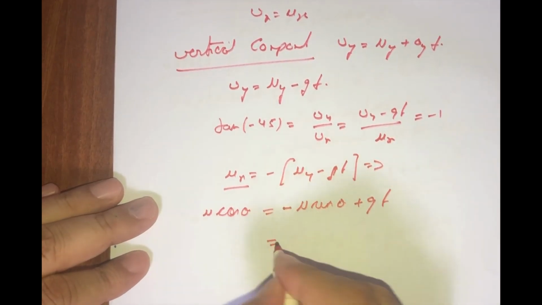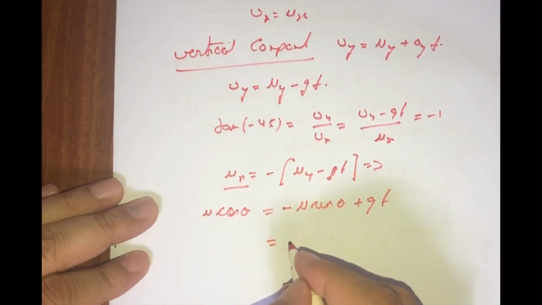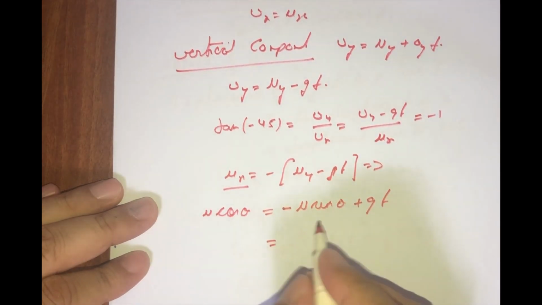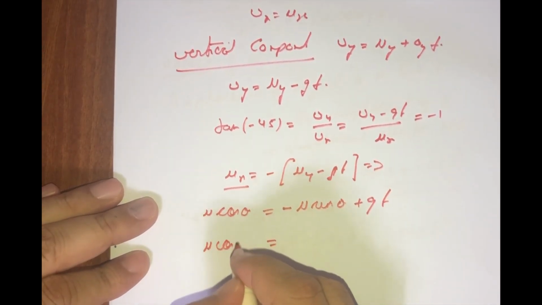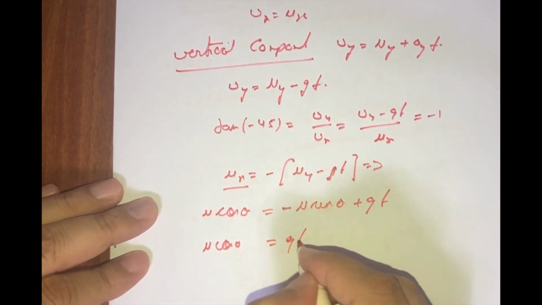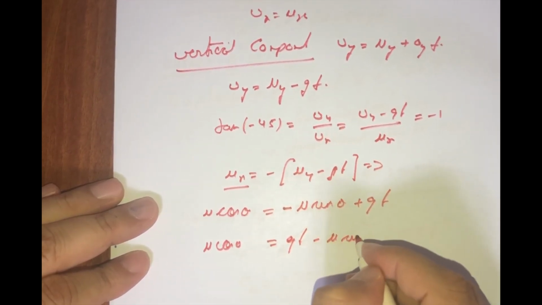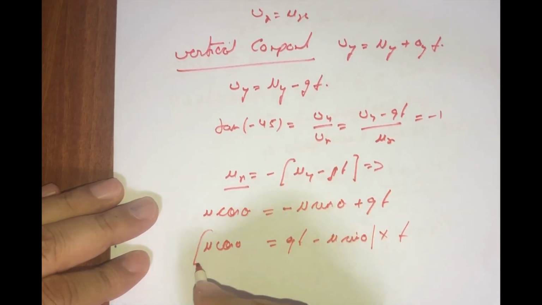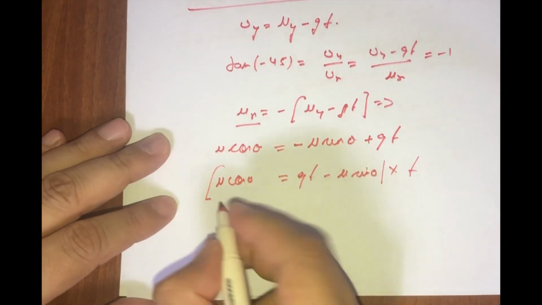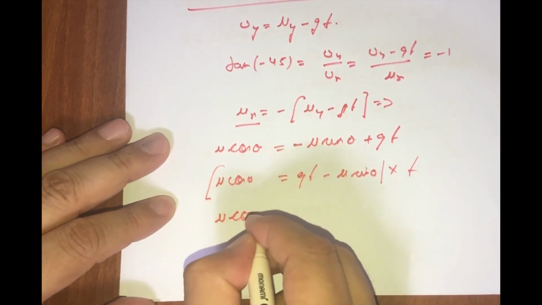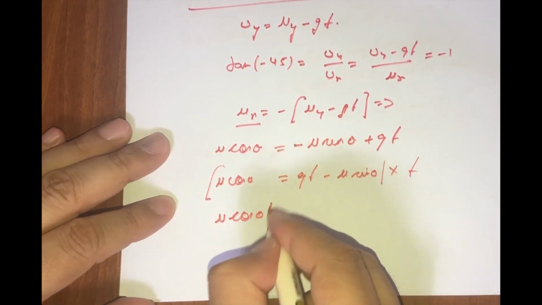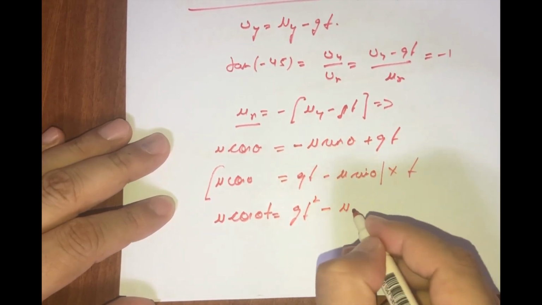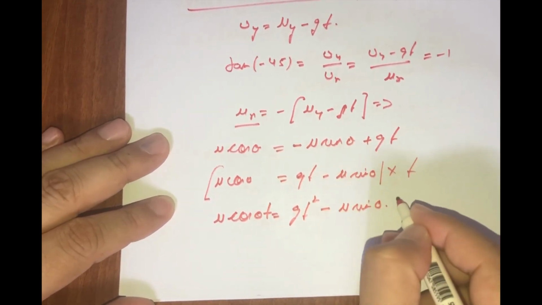This can be further written as u cos of theta equals gt minus u sine of theta. So multiplying this entire equation by t, we get u cos of theta multiplied by t is gt square minus u sine of theta into t.